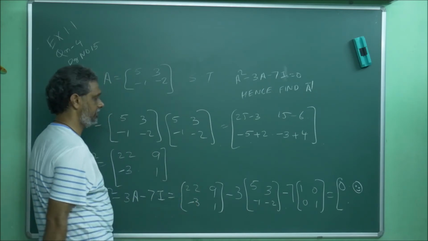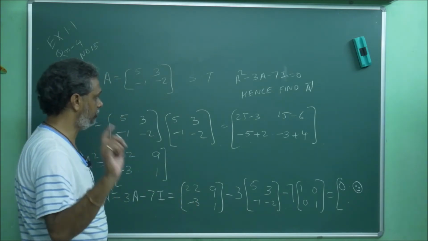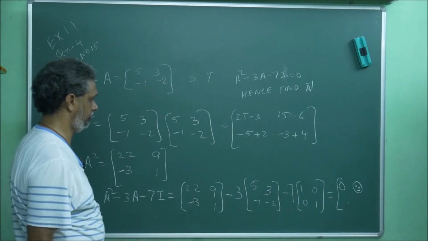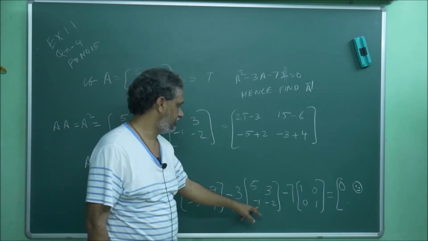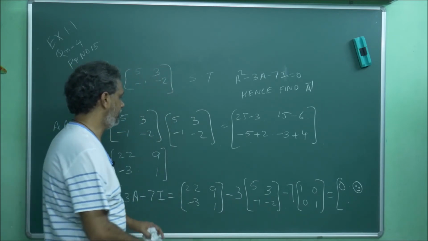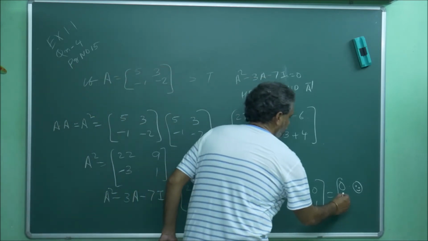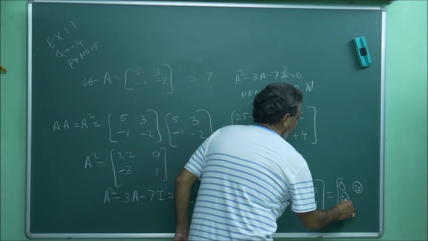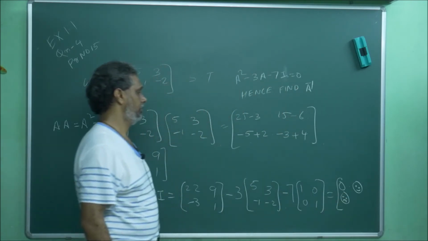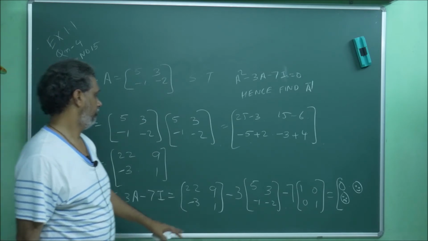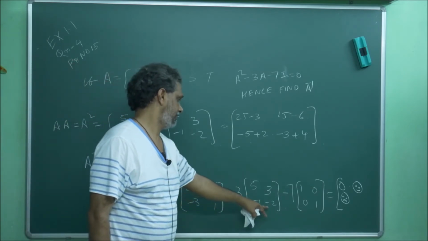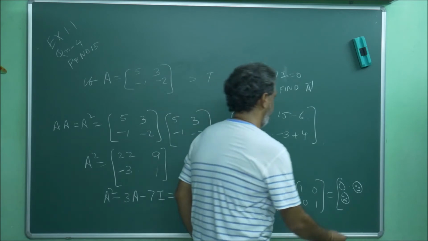See, somewhere we are getting stuck. I told you already I will make mistakes, find them out. Nobody told, very bad. See, minus 3 into minus 1 is what? Plus 3. So, minus 3 plus 3 is what? 0. It's very sad, I made a mistake. Then, what is this? 1 plus 6, 7 minus 7, 0.